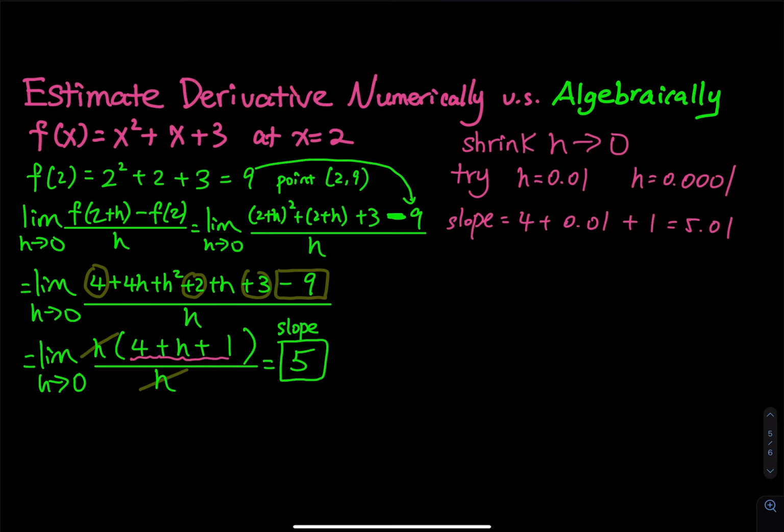And then what happens if you change that to even smaller? So the slope is equal to 4 plus 0.0001, and then plus 1, that is 5.0001, right? As h becomes so small, do you see that this piece is trivial as h becomes very small?